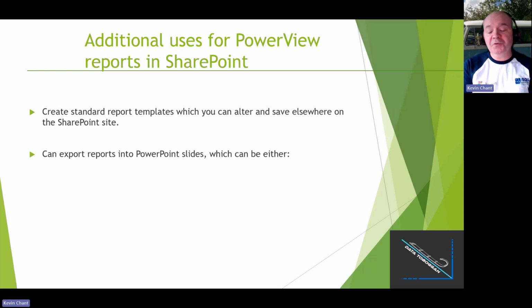You can export the reports into PowerPoint slides as well. And this is quite interesting because you can export these Power View reports either statically, so it shows a set moment in time how the report looks. However, it can also be interactive as well. And I will show you an example of this shortly.